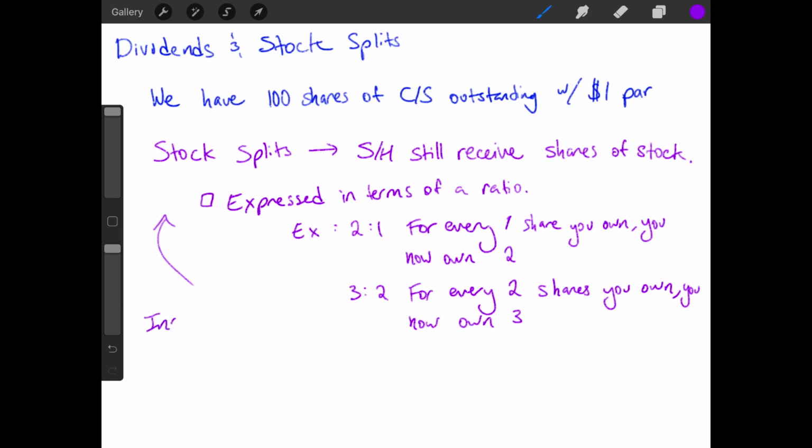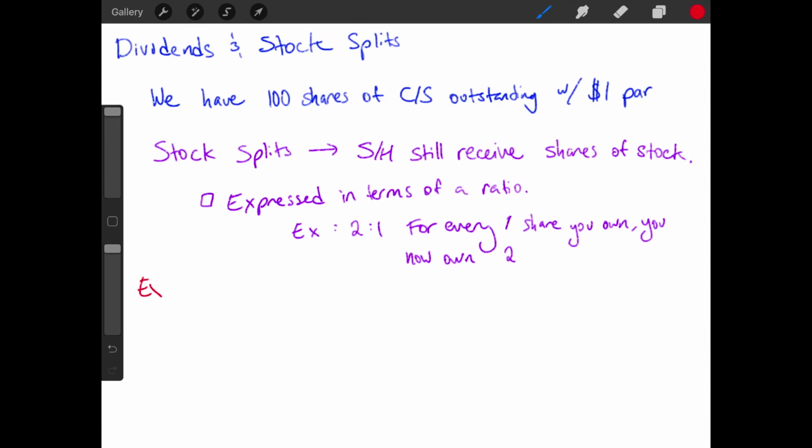The outcome of a stock split is that it increases the number of shares, but it also subsequently decreases the market price per share. To best demonstrate what that really means, let's look at an example.